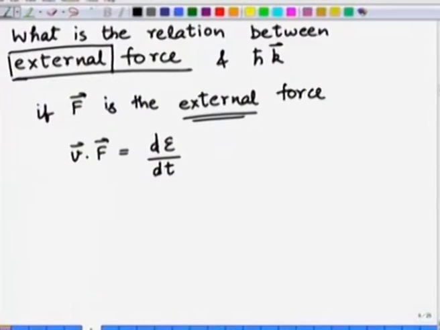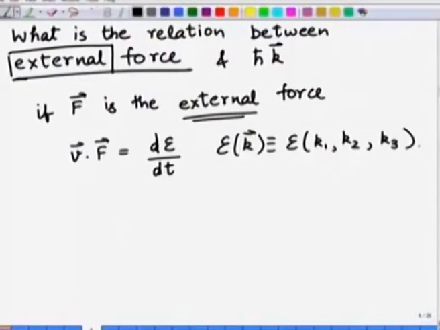E is a function of k, or in expanded form, you will write E as a function of k1, k2 and k3, where 1, 2, 3 represent x, y, z, for example, in a Cartesian coordinate system. So, that is the E versus k. If I want to calculate this, let us write it down explicitly this time.